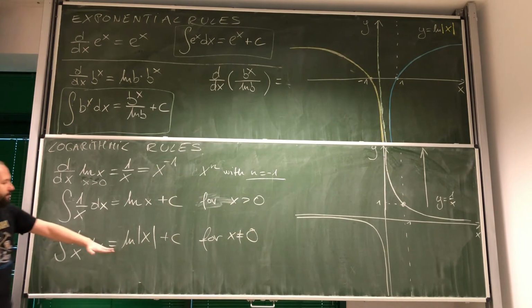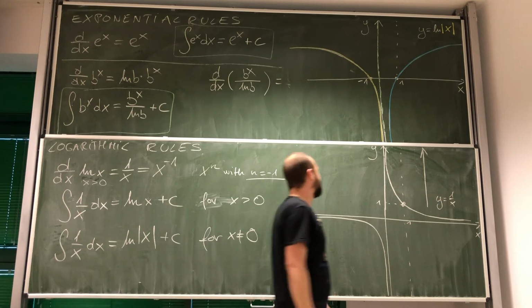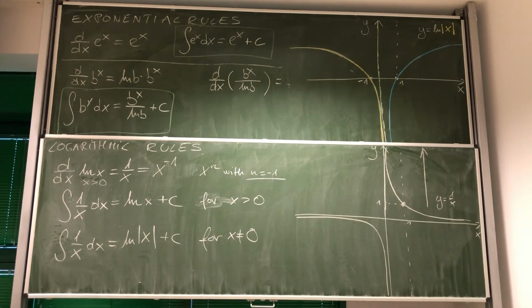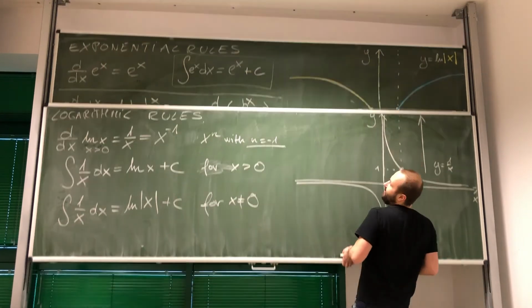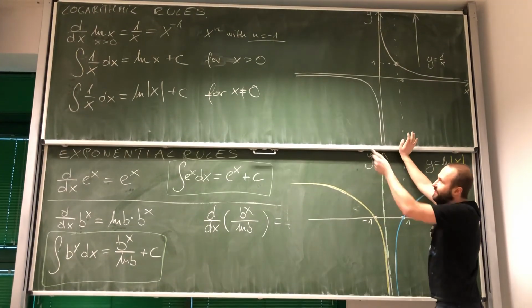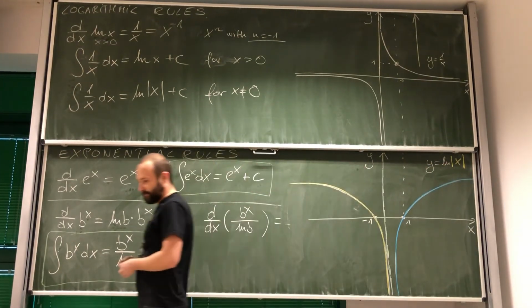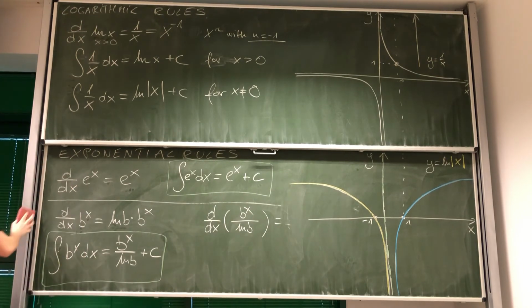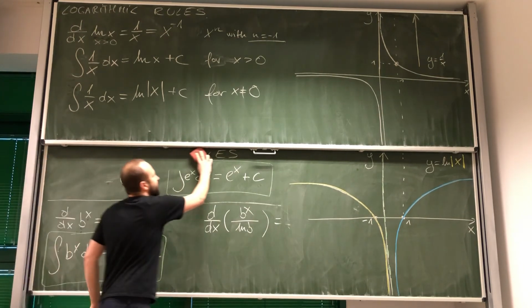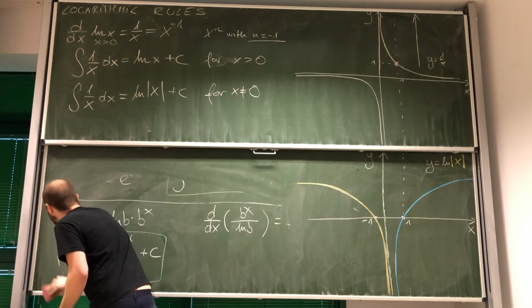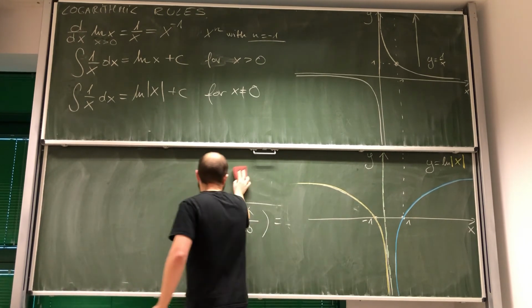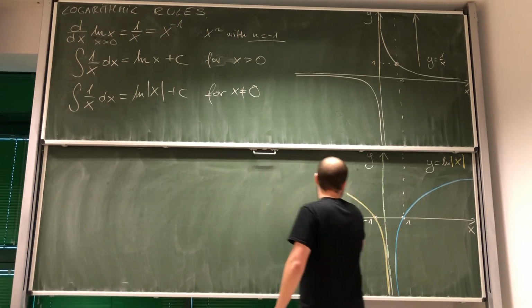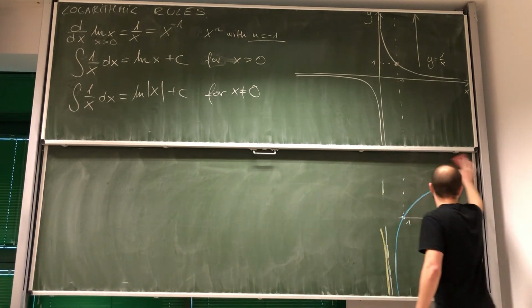So we just need to remember to impose absolute value on x in our calculations. Okay, and again, I can easily generalize this rule to the case of a logarithm with any base b, of course permitted, so positive and different from 1.